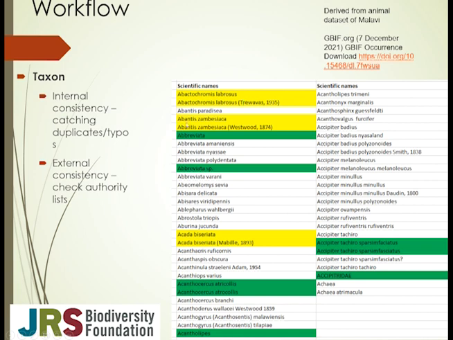The same applies to Abanthis zambesiaca, one is without the authority, the second one is with authority. The same applies to Acada viseriata and Acada viseriata Mabille 1893. So you can see the problem of consistency when checking on the taxon.